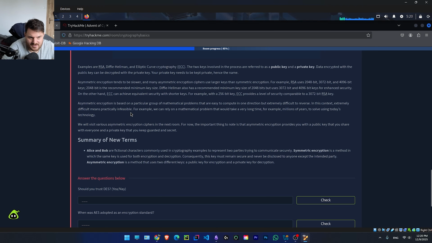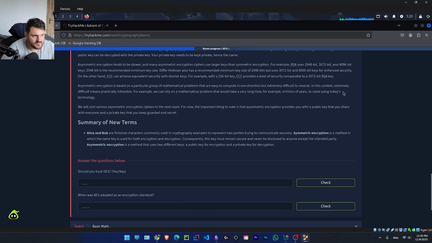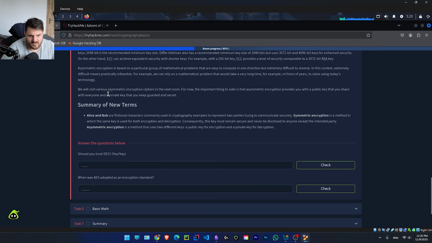Asymmetric encryption is based on a particular group of mathematical problems that are easy to compute in one direction but extremely difficult to reverse. In this context, extremely difficult means practically infeasible. For example, we can rely on a mathematical problem that would take a very long time, for example millions of years, to solve using today's technology. We will visit various asymmetric encryption ciphers in the next room.